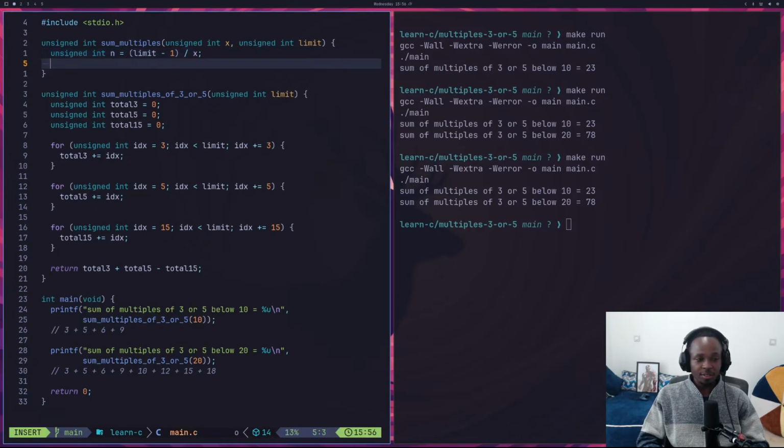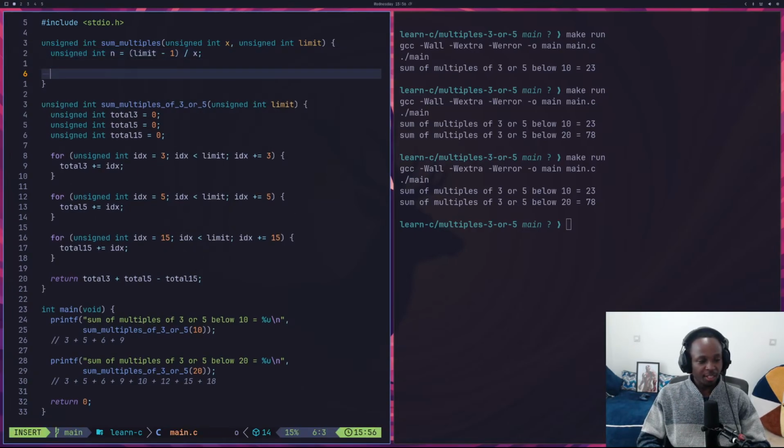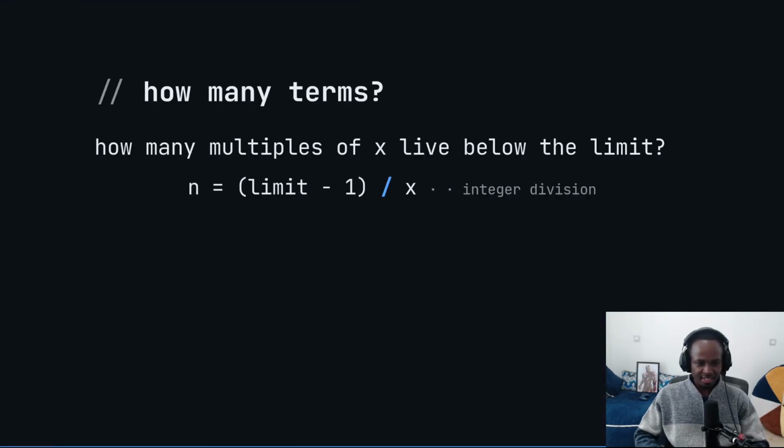So now that we have the value of n, we can calculate our formula. We are just going to return something divided by 2. And what is that something? We are taking x times n plus 1, and then all of that divided by 2. And that's literally it. Did I get it right?